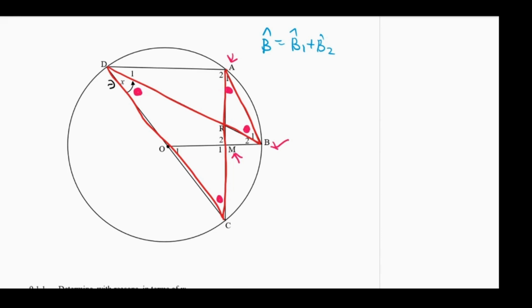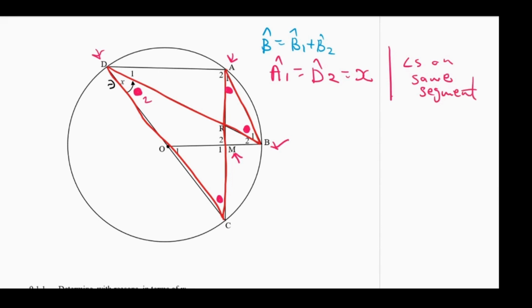So this means now that angle A1 is equal to this angle D, which I'll call D2, which is equal to X. The reason for that is angles on the same segment. Remember, I want to find angle B, which is the combination of these two.